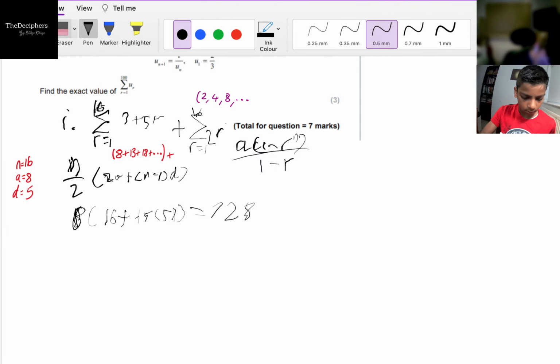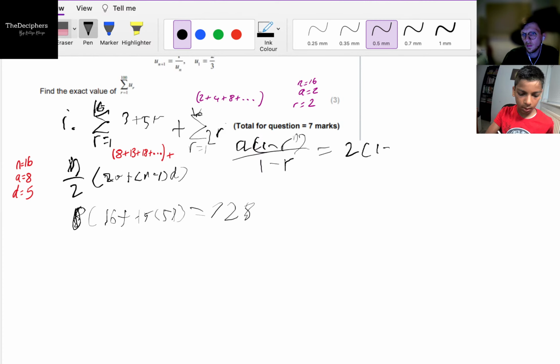Here r is 2 and n is 16. So 2 times 1 minus 2 to the power of 16, divided by 1 minus 2, which is minus 1.